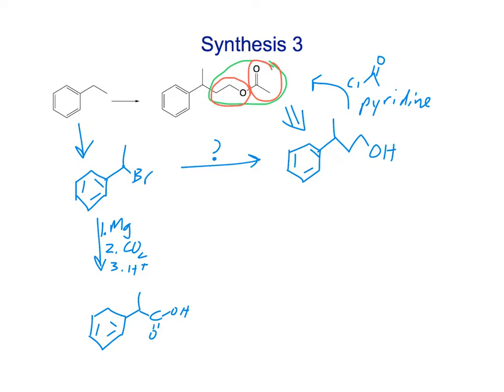Is there a way that we can add both of the carbons at the same time? Let's say we're going to make the Grignard. What can we react with the Grignard to add two carbons and make a primary alcohol?